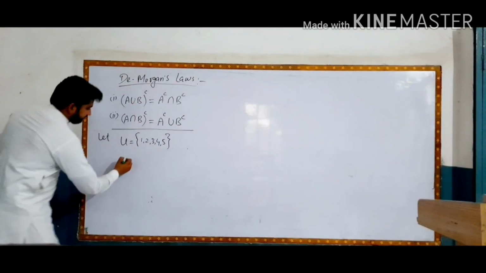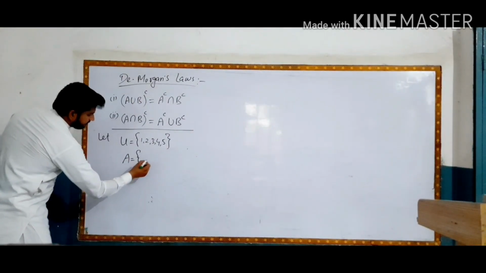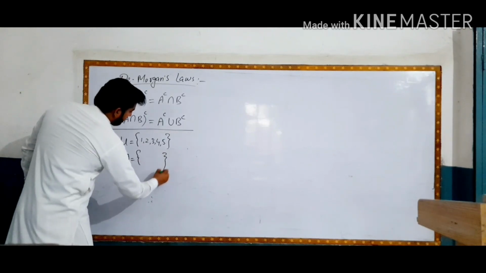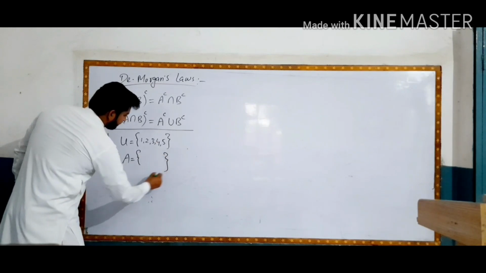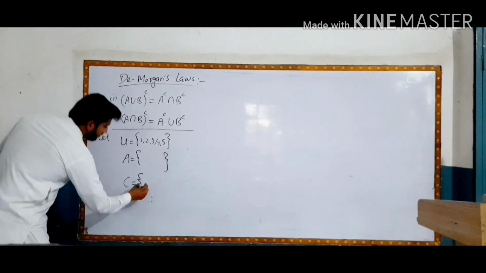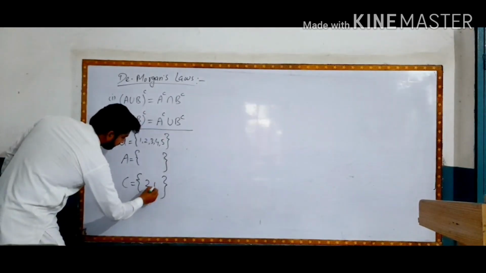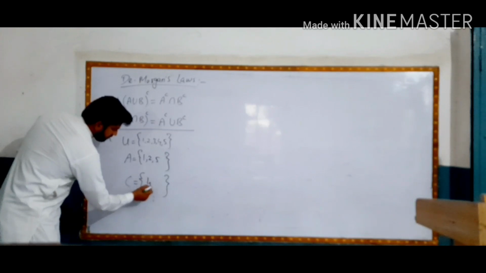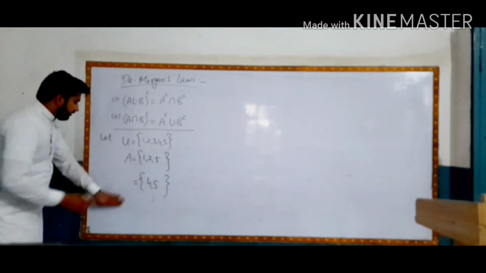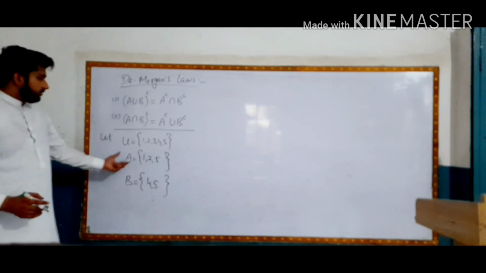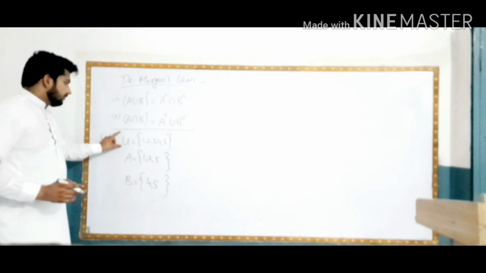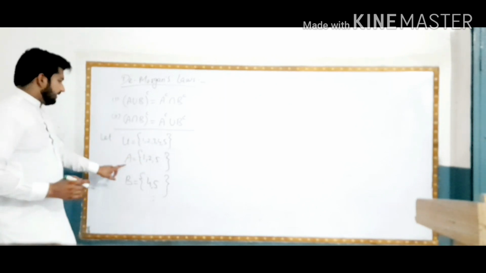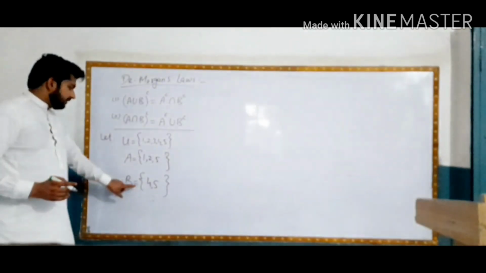So first of all I define the universal set U = {1, 2, 3, 4, 5}, set A = {1, 2, 5} and set B = {4, 5}.